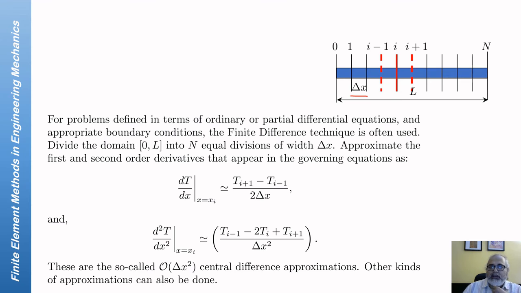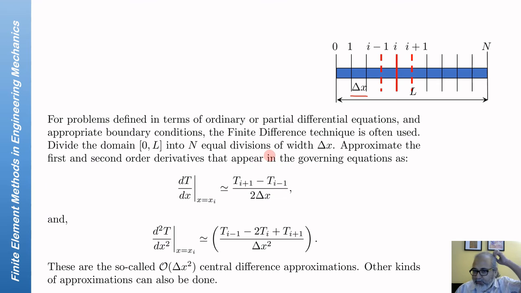Now because we have divided them very closely, we have used a very fine mesh, so to say, we can assume that the temperature, which is the primary variable for which we are going to solve, varies linearly over this, and we can use several difference formulas to convert the continuous derivatives at x equal to xi into discrete derivatives.